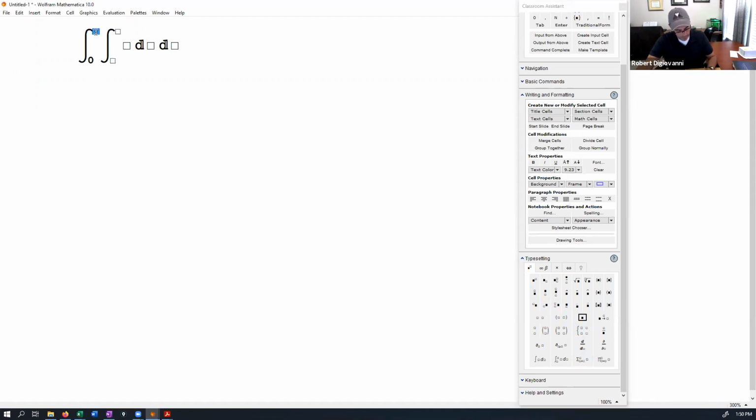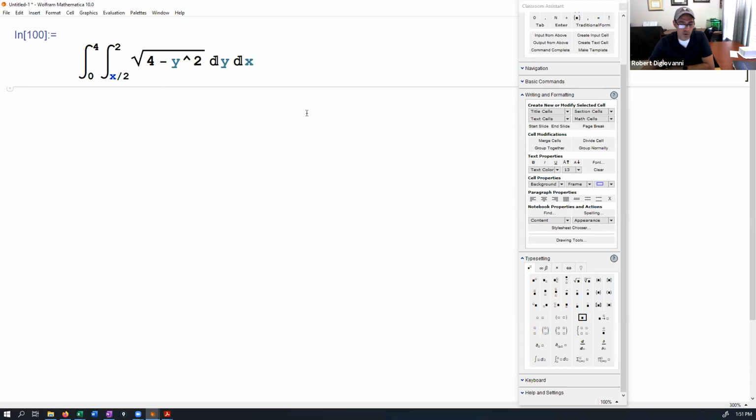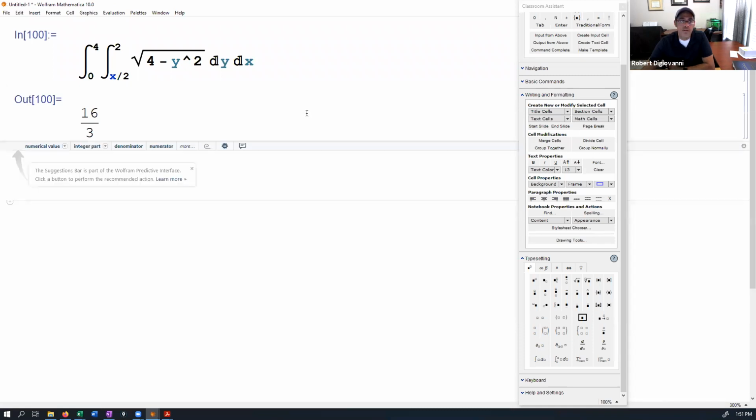So the first one we had 0 to 4, right? 1/2 x to 2. And it was the square root of 4 minus y squared. And we did with respect to y, then x. See what it does. Should get what, 16/3. There we go.